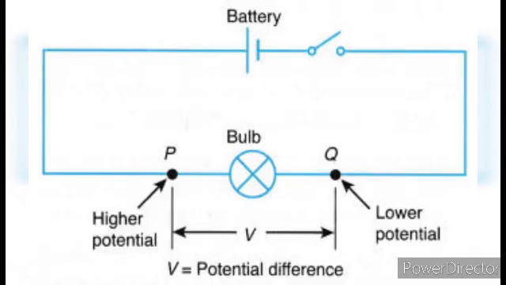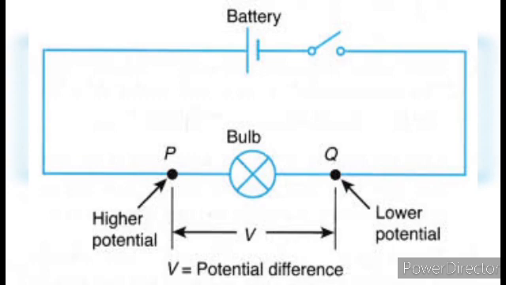Now, what is the concept of potential and potential difference? The potential at a point is defined as the amount of work done in bringing a unit positive charge from infinity to a point is known as potential at that particular point. It is denoted by the symbol V, and it is a scalar quantity.